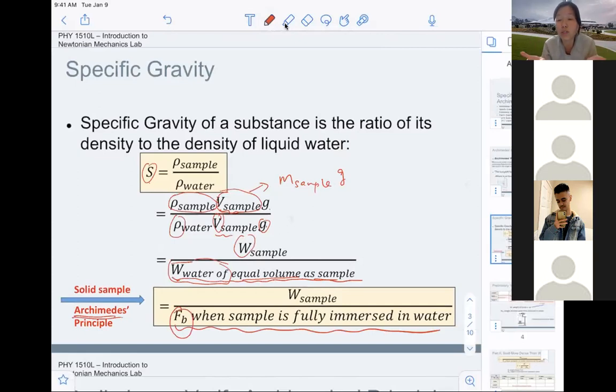So you might wonder, can you just fill the container with water all the way up and let it spill? Whatever we spill, we then measure that spilled water. That works.